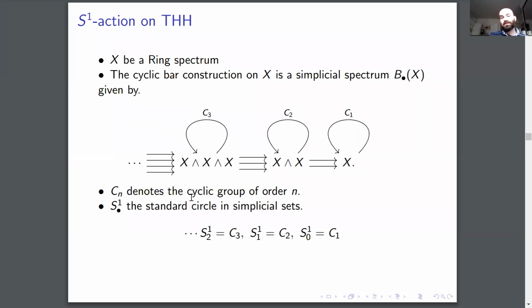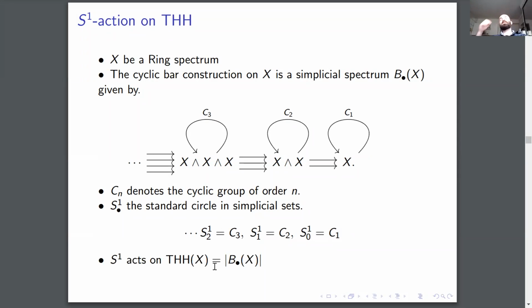Now, if you look at the simplicial circle, in simplicial sets, in degree 0 it's C_1, in degree 1 it's C_2, in degree 2 it's C_3. Because in degree 0 it's just the base point, in degree 1 it's the base point and the non-degenerate simplex, and it goes on like that. And you see that this turns into an S^1 action on THH.